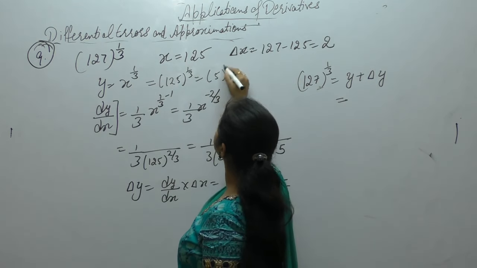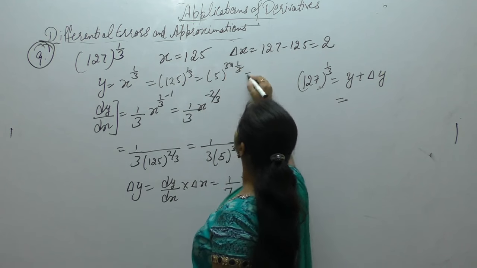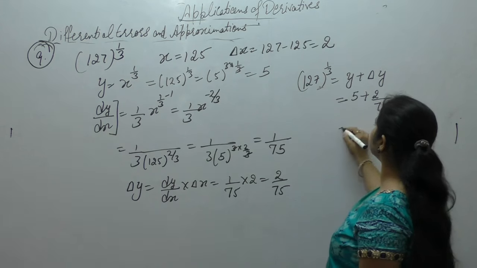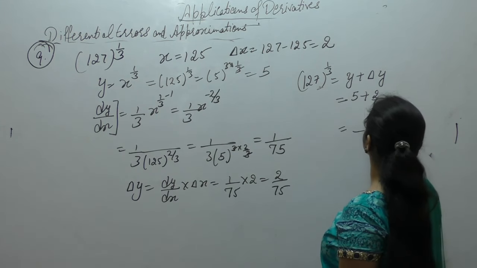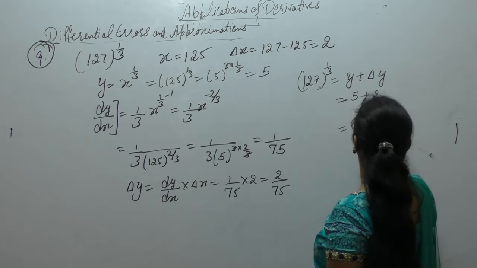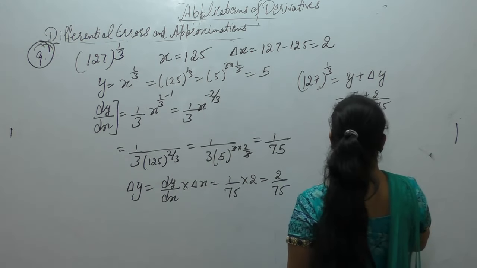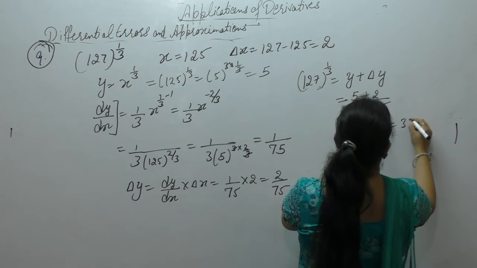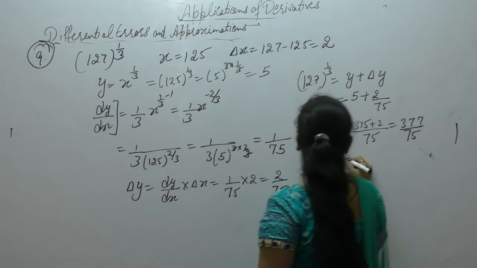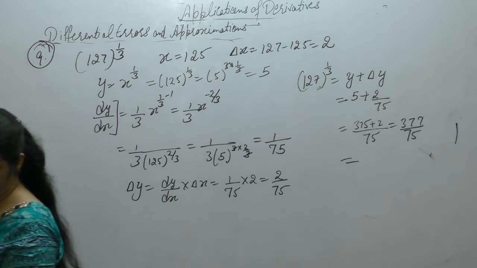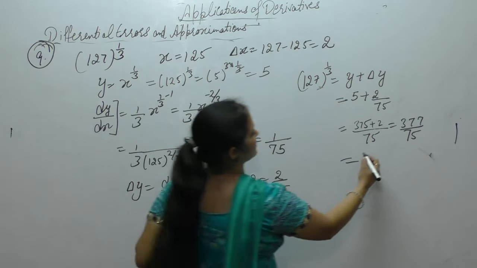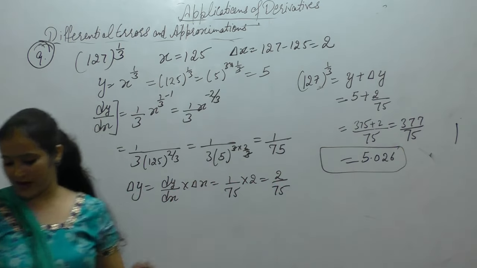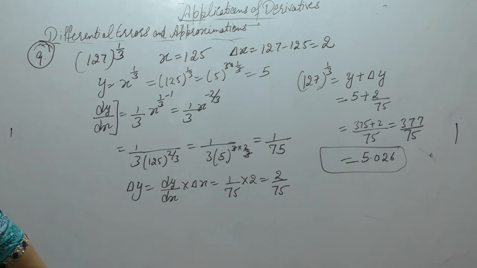So we get the value as 5 plus 2 upon 75, that is 377 upon 75. So we get the answer as 5.026.